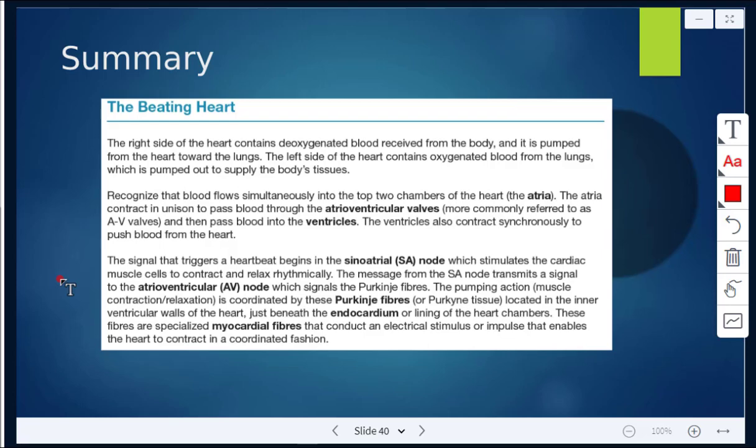The pumping action, the muscle contraction and relaxation, is coordinated by these Purkinje fibers located in the inner ventricular walls of the heart. All right, these fibers are specialized myocardial fibers that conduct an electrical stimulus or impulse, which enables the heart to contract in a coordinated fashion.